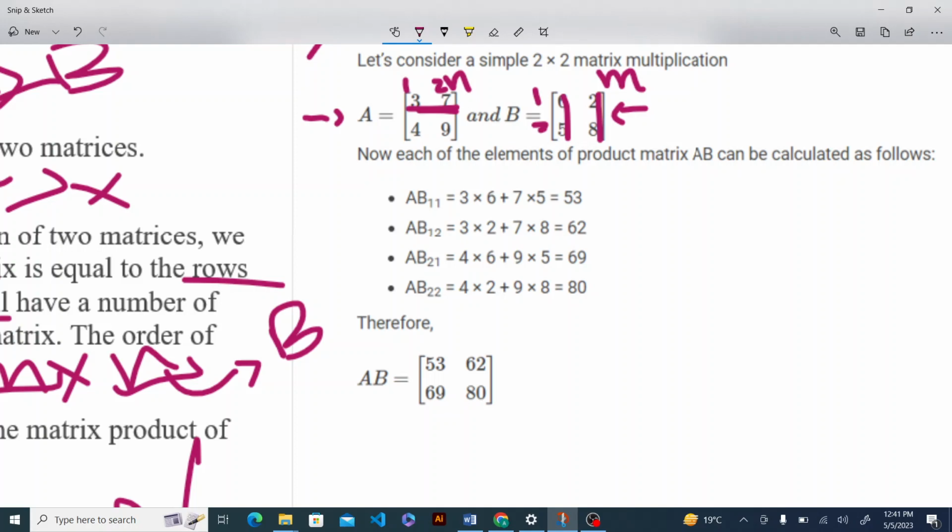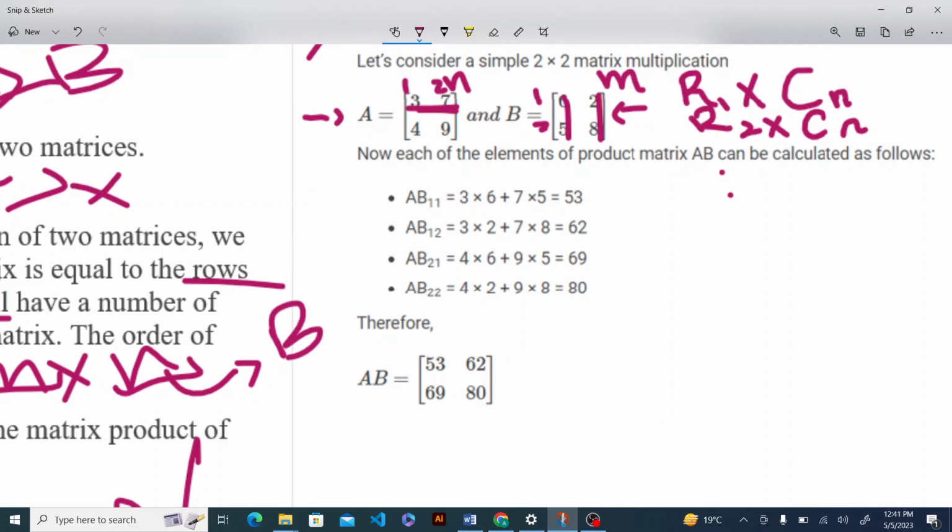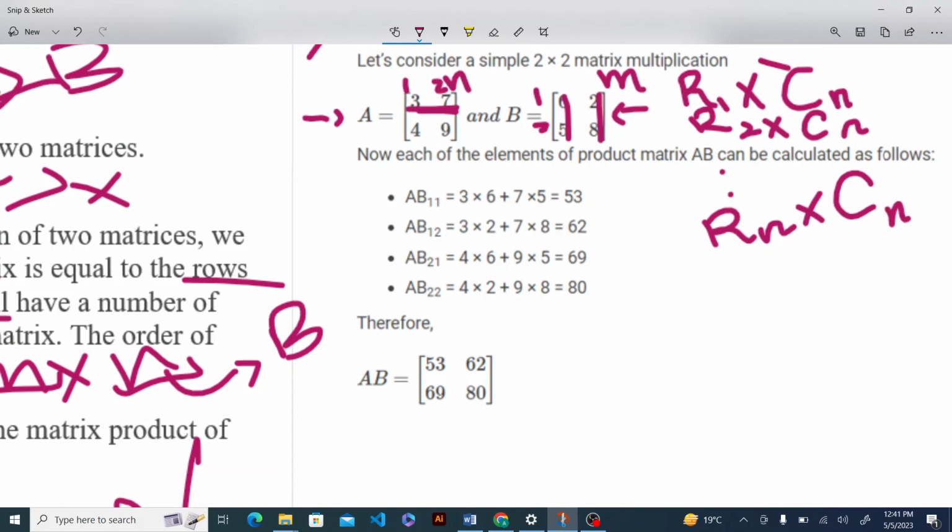The rule is that a row will be multiplied to all the columns, n columns: first row with all the columns, then the second row with all the columns, and so on, the nth row with all the columns, c1 to cn.